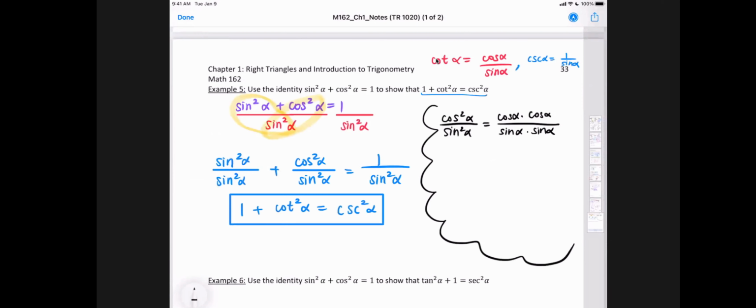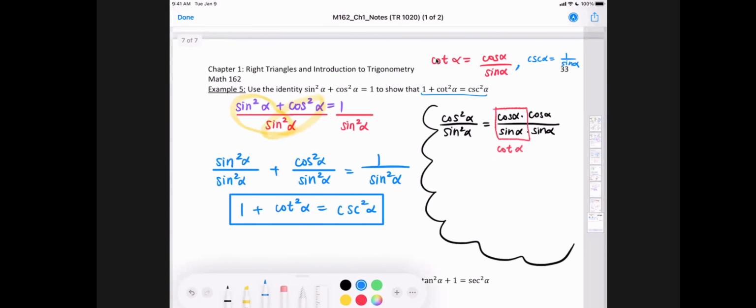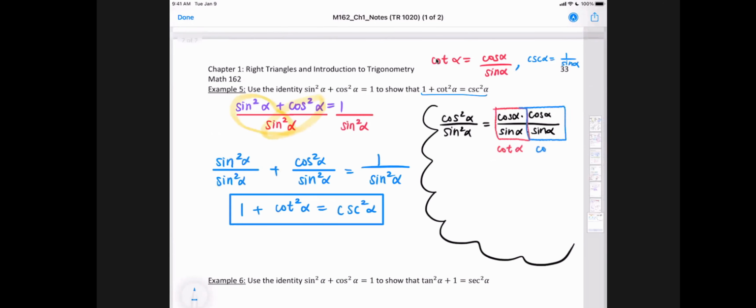So expand out the exponent and you can see that there's a cotangent, and here's another cotangent. And so cotangent times cotangent gives us cotangent square. And similarly for the 1 over sine square, you can break that up into 1 over sine times 1 over sine, and each one of those is a cosecant.